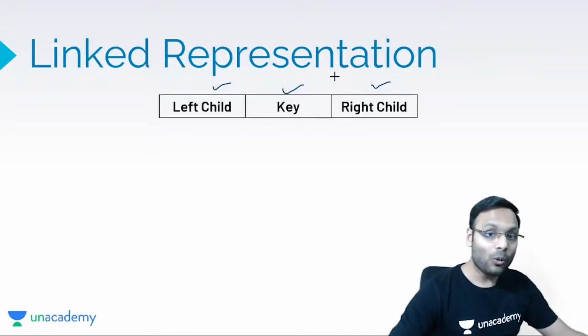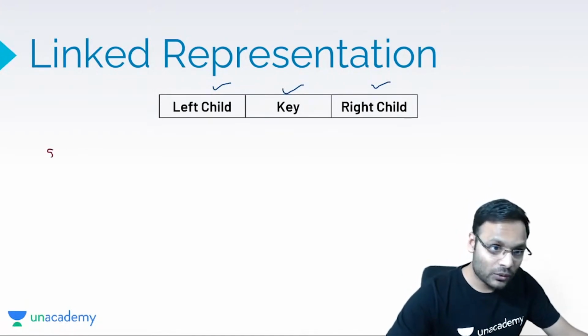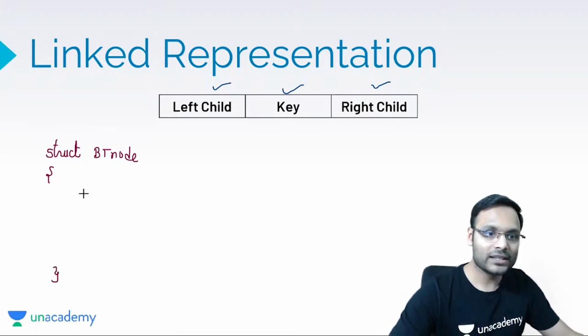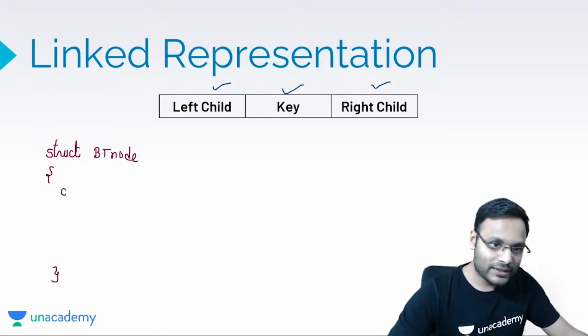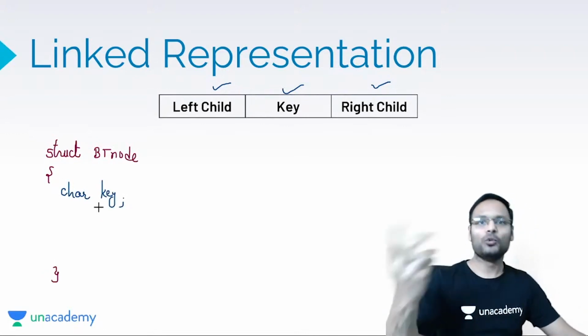So how exactly you will write the structure of this? You will write a structure for this. Yes, struct binary tree type node. This is the structure. This structure will have 3 types of fields. First member is a character type of key. The name of this particular key, you can have data, value, whatever.